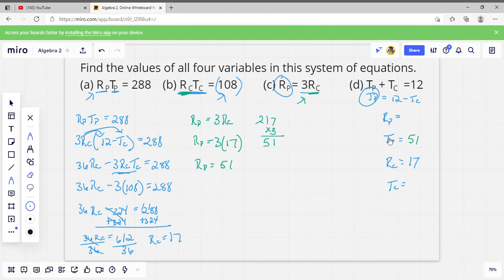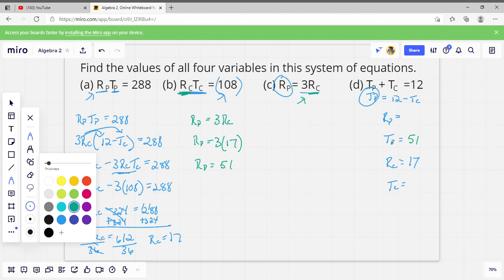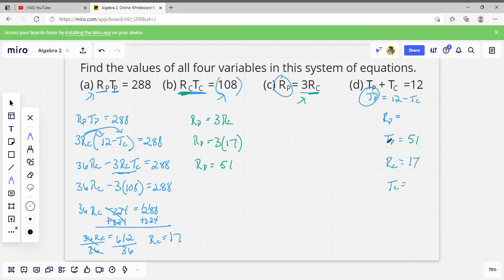Okay, so then we can use those values to find the other two. RCTC equals 108. RC is 17, so 17 times TC equals 108. Then we divide by 17.